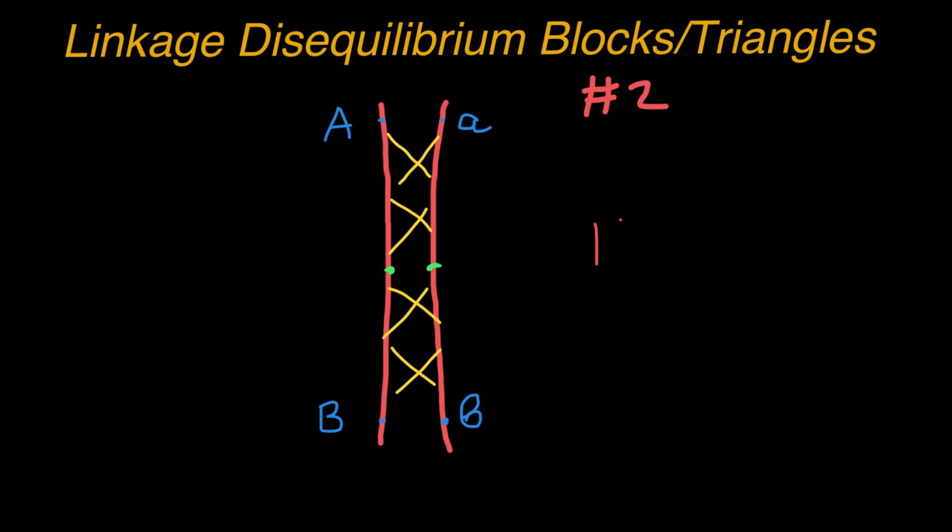For example, I am just going to show you a smaller version. So it can be, for example, one variant, capital A and capital B, small a and small b. Just this chromosome and this chromosome were inherited by the gamete intact.